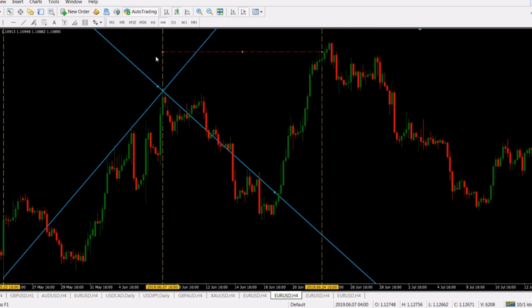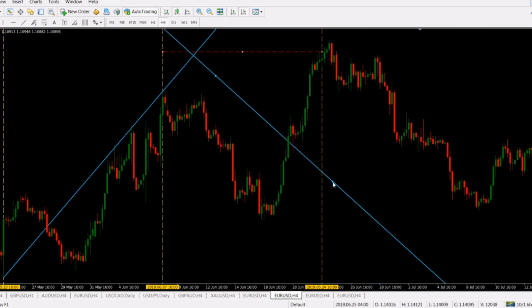Okay, what I wanted to show you at this moment is that if you consider this line at the degree 48.7, and this one at the angle 138.7, they might be of major importance.